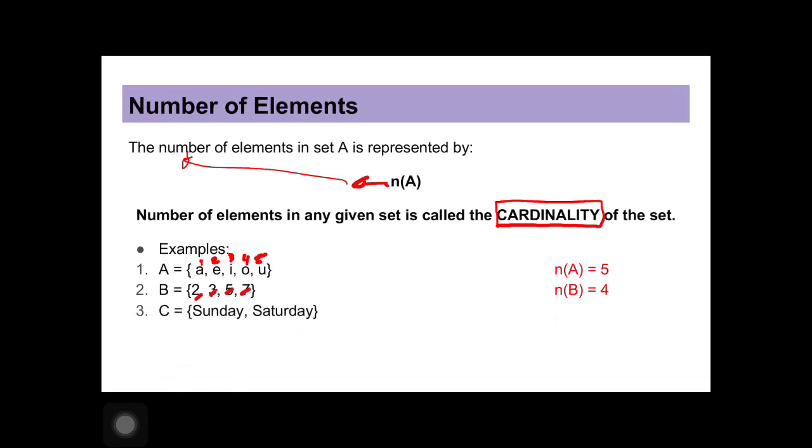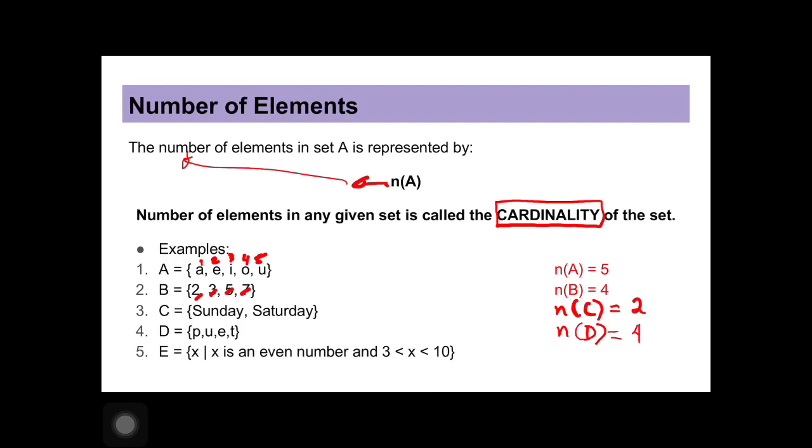Number 3, C is equal to Sunday and Saturday, so n of C is equal to 2. And for number 4, n of D is equal to P, U, E, T. We got 4. So that's simple. What is the cardinality? It is the number of elements in a given set.